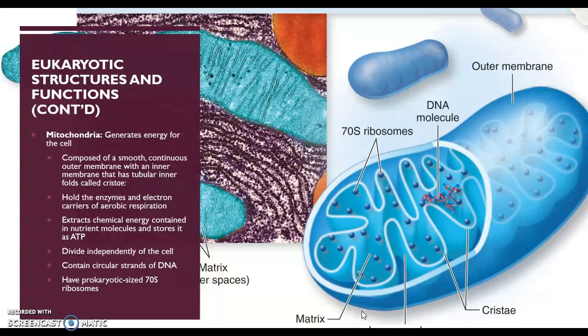They are 70S ribosomes, so they are very similar to bacterial ribosomes. They also contain their own DNA, and this DNA is circular, like bacterial DNA, not linear. And they are able to divide independently of the eukaryotic cell itself.